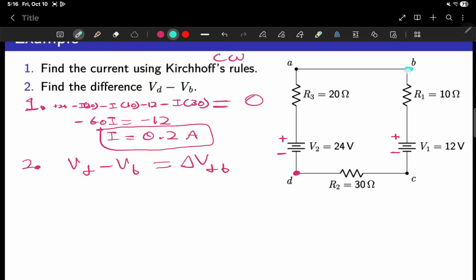So I start at point B and I go through R1. I need to keep in mind the direction of the current too. I already know the current is going clockwise. So I'm basically following the current, going from high potential to low potential, which means, again, that's minus the current, which is I, times the resistance R, which is 10 ohms.